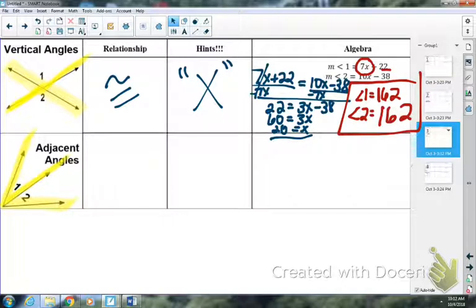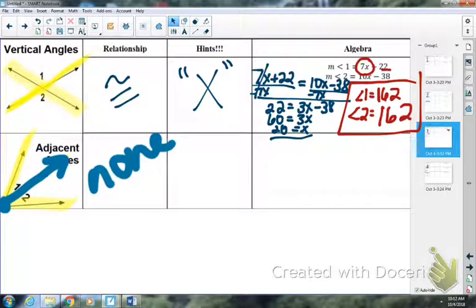Adjacent angles share a vertex and they share this side. That makes them adjacent. Do they have to be congruent? Could they be? Yeah, but we don't know that they're equal. So for relationship, you can put there is none. There is no relationship for adjacent angles.